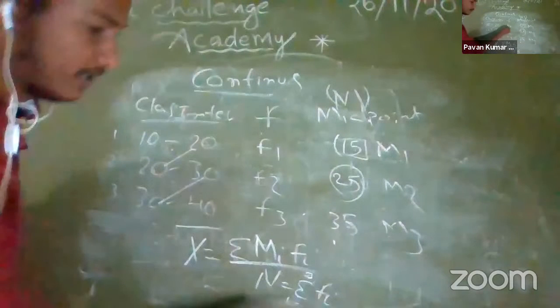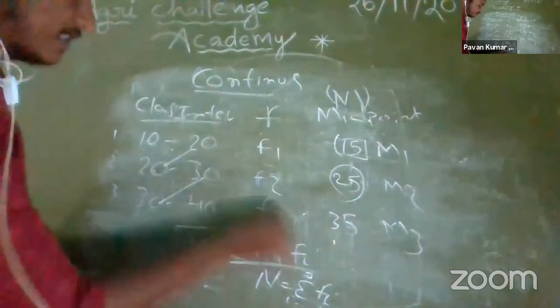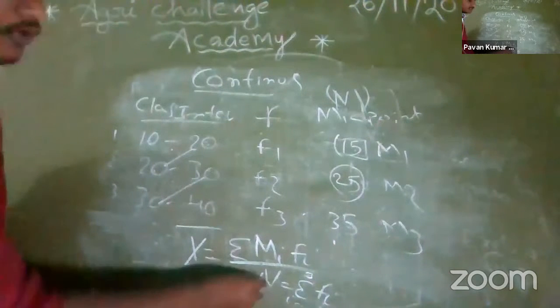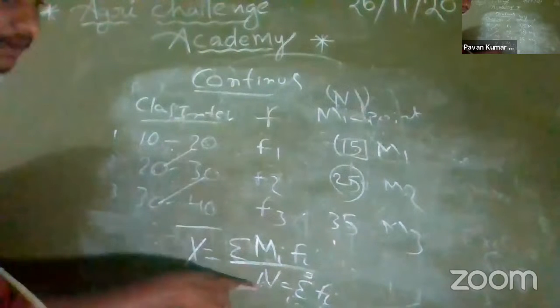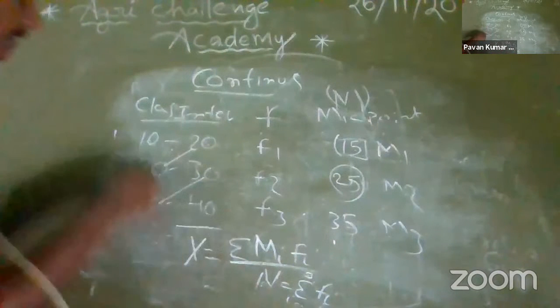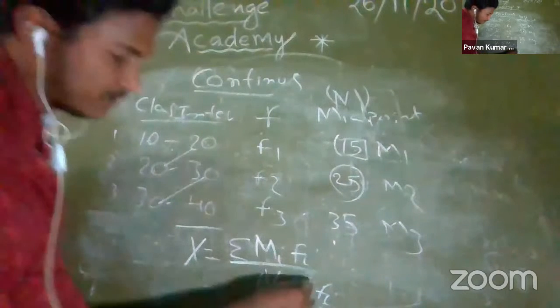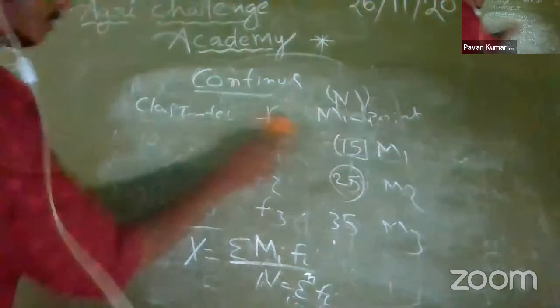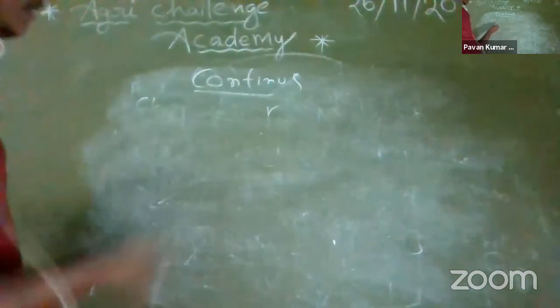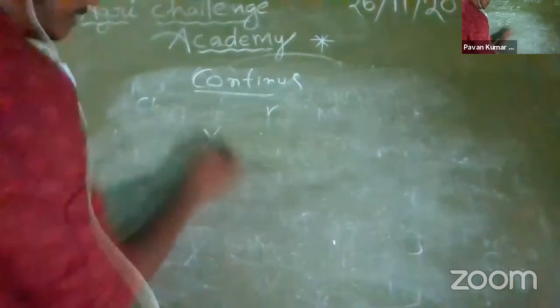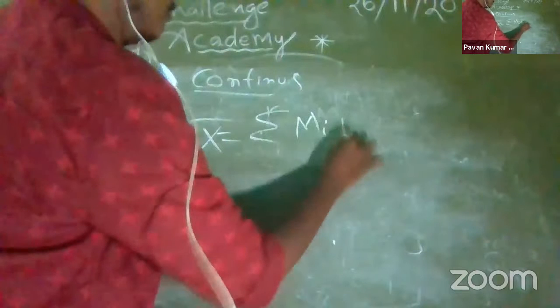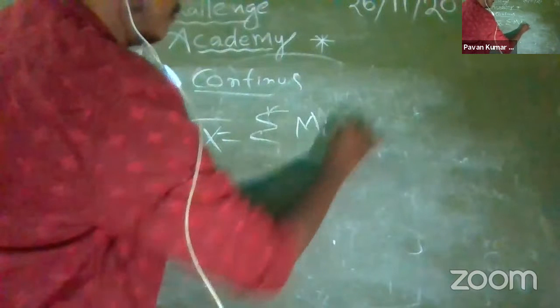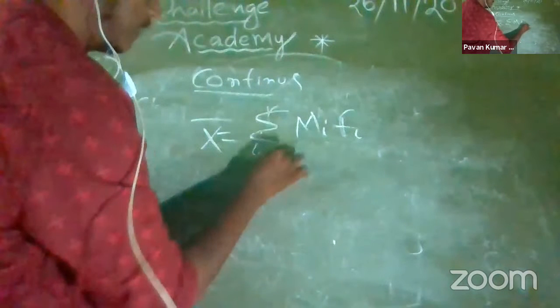The first frequency is f1 plus f2 plus f3, and we get capital N. Don't confuse small n and capital N. The formula is x bar equals the summation of mi into fi, i equals 1 to small n, divided by the summation of fi, i equals 1 to small n.